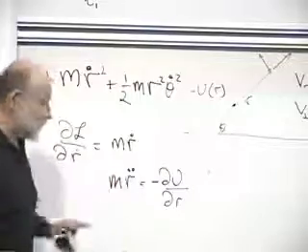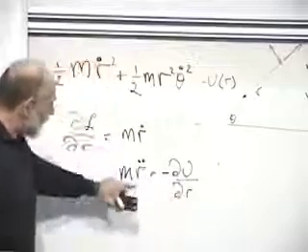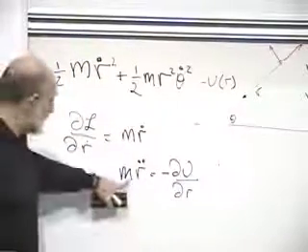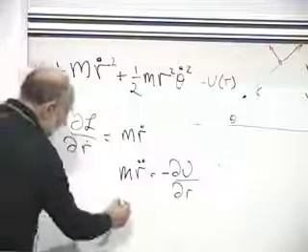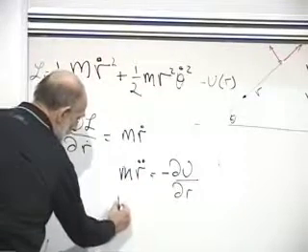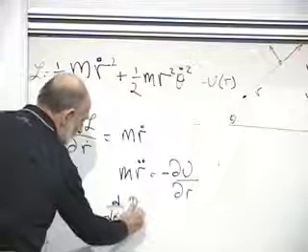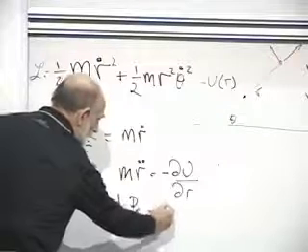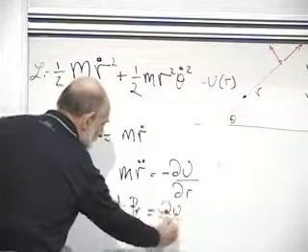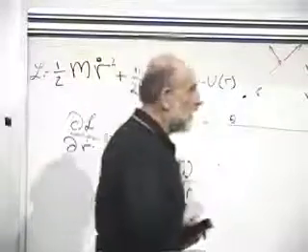Notice that the radial component of the momentum is not conserved. We can write this as d by dt of the radial component of momentum, not equal to 0, but equal to minus du by dr. So there is no conservation of radial momentum.